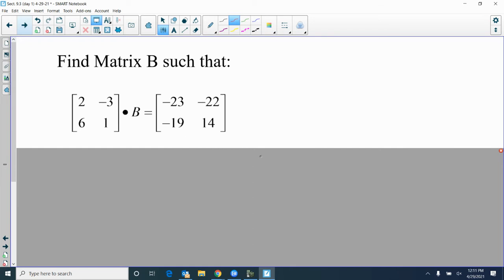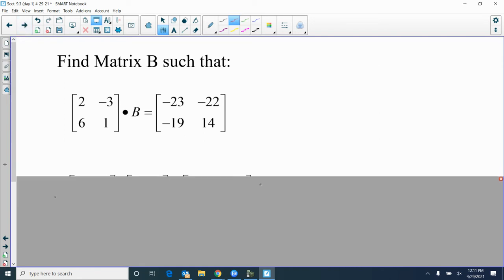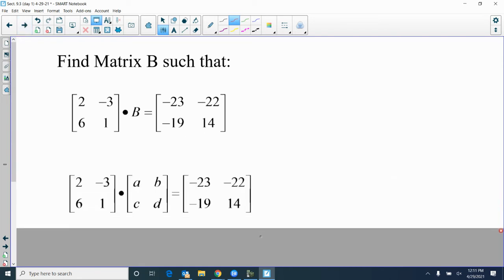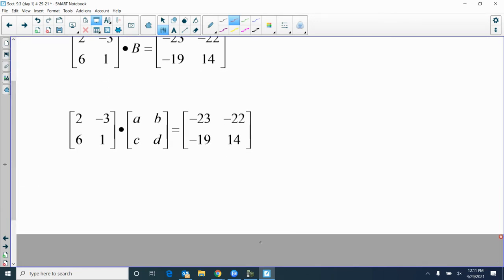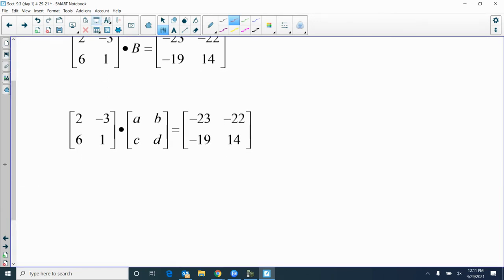So that means you have to have 4 spots. So think, what do you do to multiply? If you're stuck right now, think about this. It's got to be a 2 by 2. Write it like that. See if you can come up with what A, B, C, and D are.